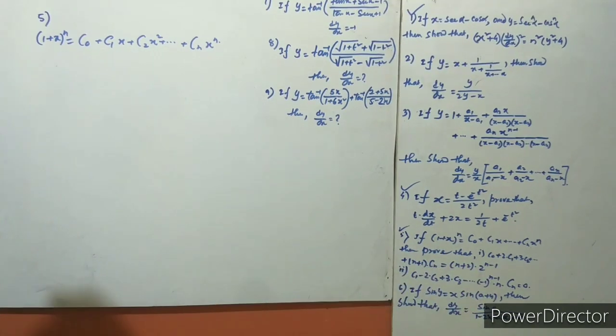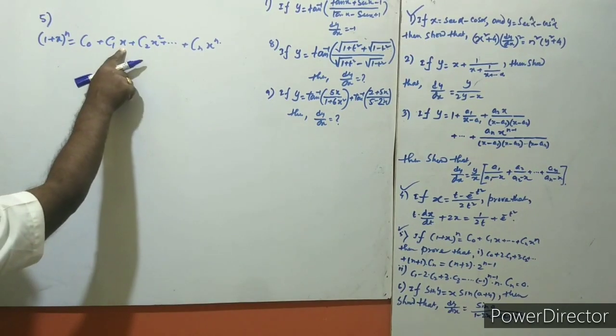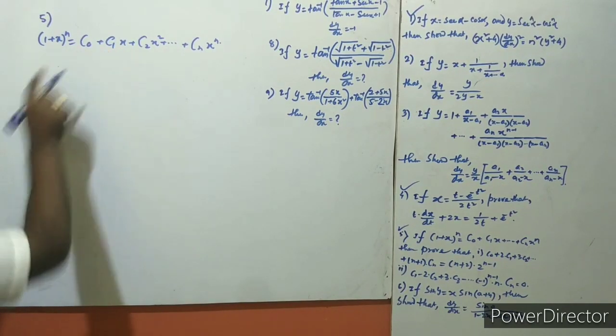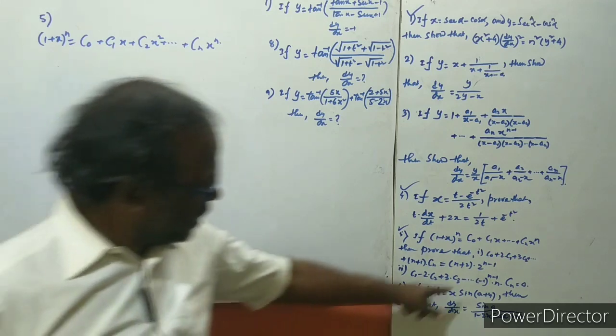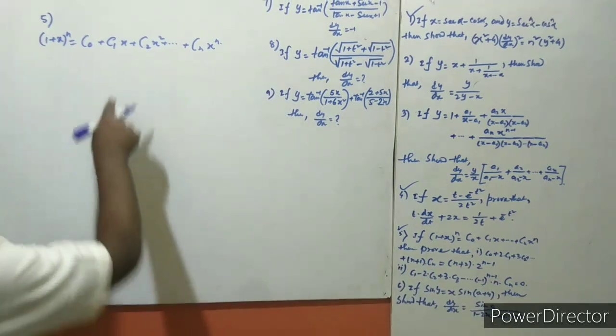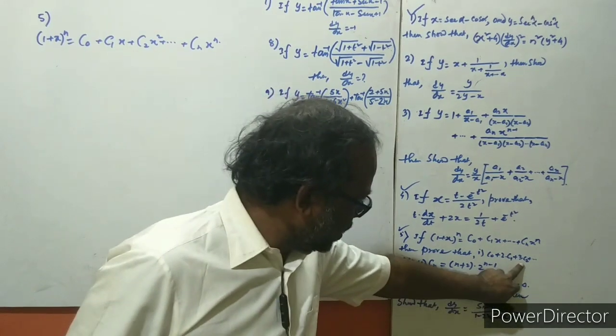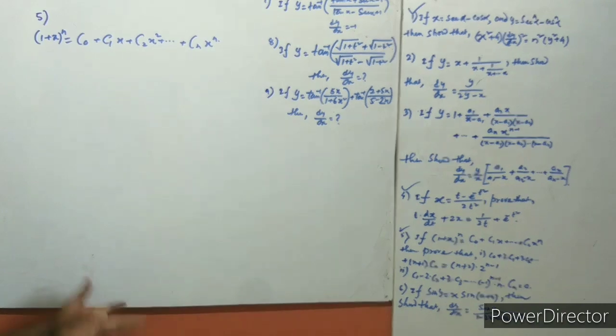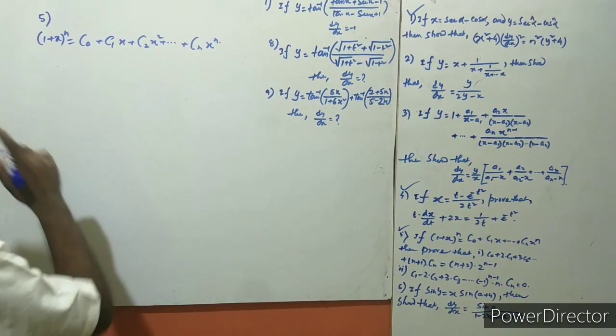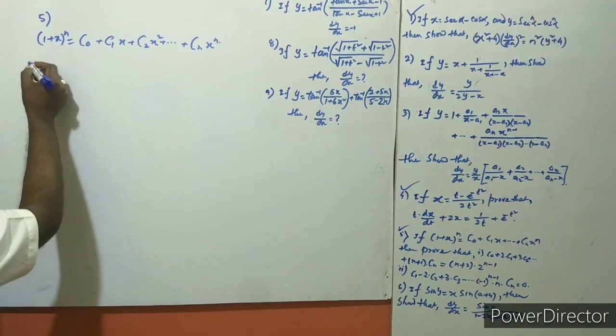See here c0x, c1x square. The derivative of x square is 2x, so there is 2c1. You multiply x by the third term, that is we get x cube, and the derivative of x cube is 3x square. Then we put the value of x as 1, and we get the answer.